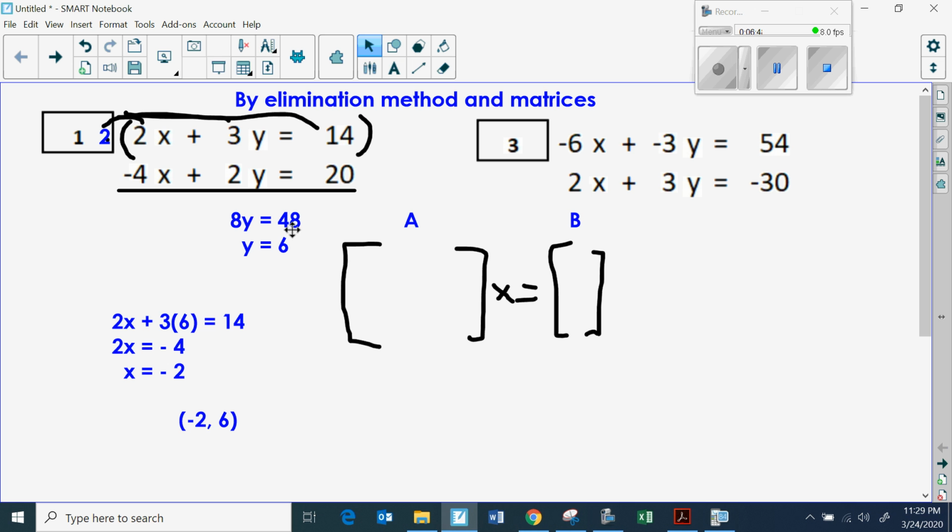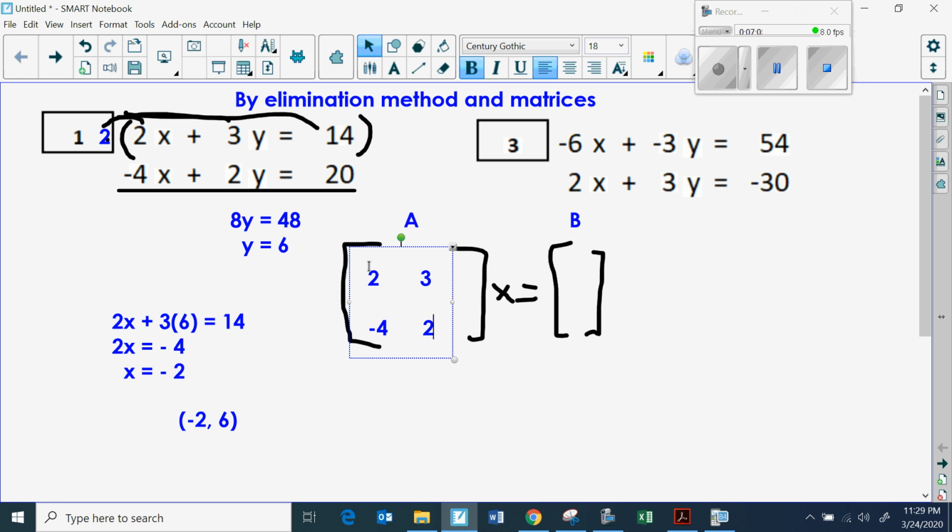The coefficient matrix, because all four of these numbers here are coefficients. Remember, coefficients, which you've already had tests on in the first test of the year, are numbers in front of variables. So we have 2, 3, negative 4, and 2. There's our coefficient matrix. We're going to call that one A. Our constant matrix, remember, constant is a number by itself: 14 and 20.